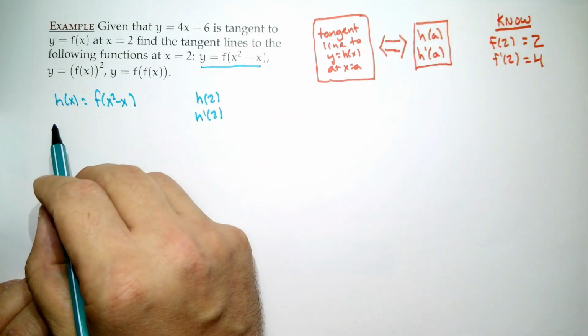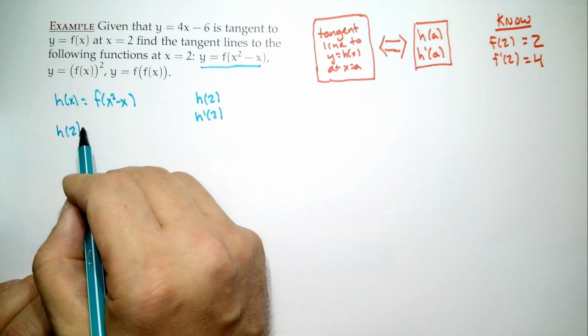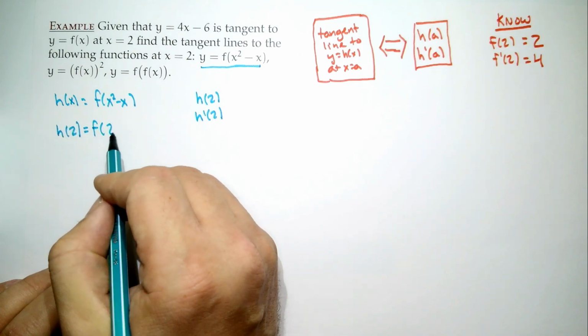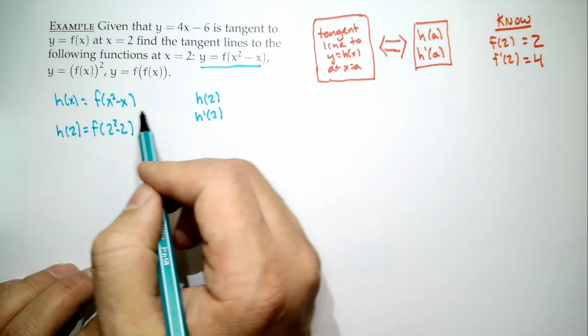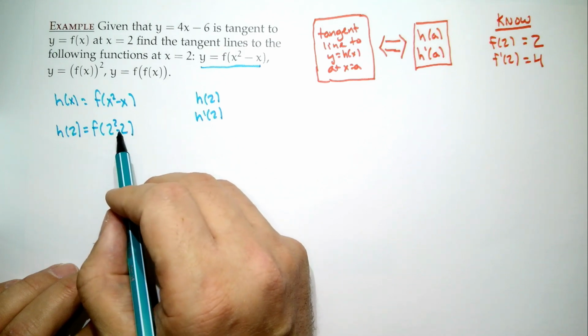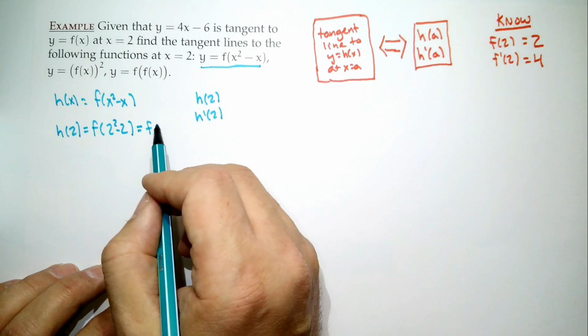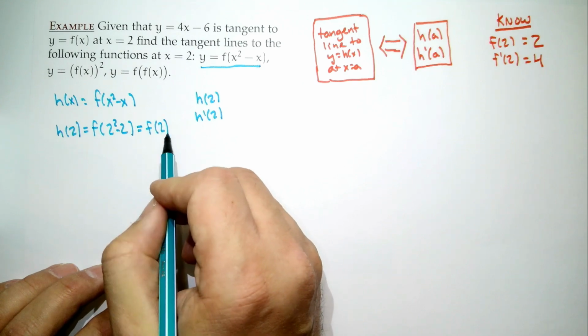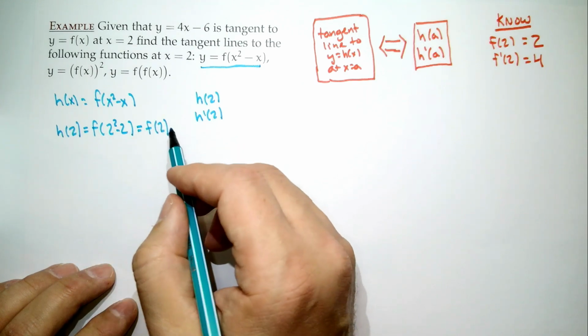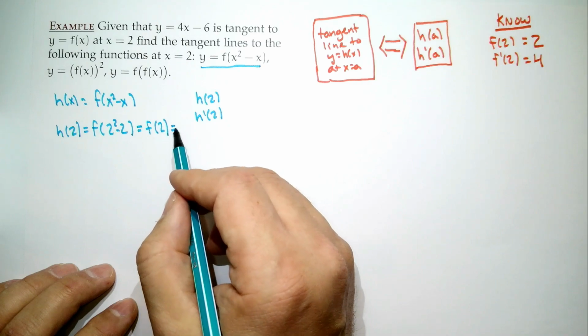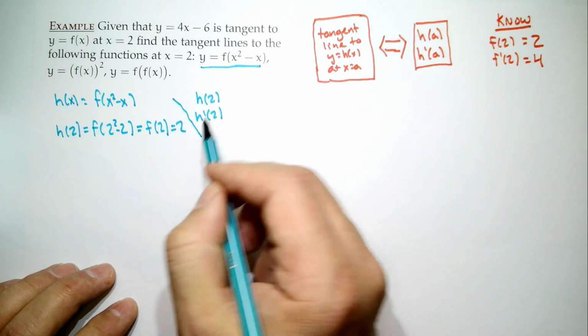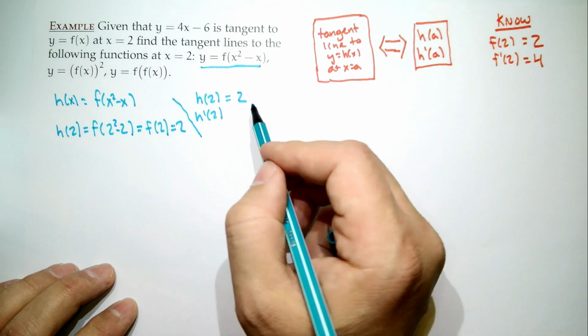So probably the simplest thing is starting with what is h of 2. That's f of 2 squared minus 2. Well, 2 squared minus 2 is 2. So that's f of 2, which is 2. Okay, not the most exciting thing, but it's true.